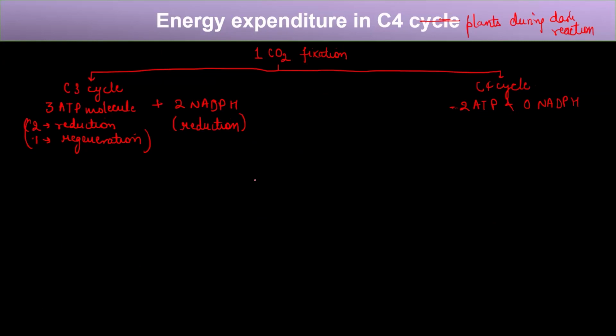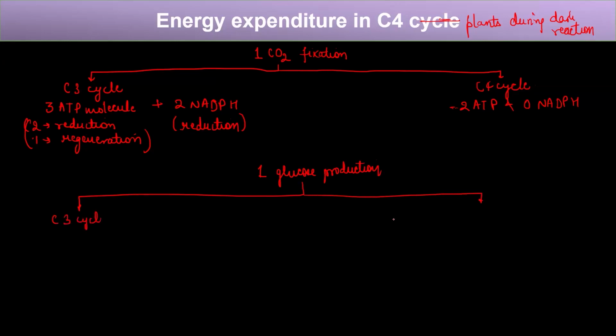Now if we talk about one glucose production, how many ATP and NADPH will be required in the case of the C3 cycle and the C4 cycle? For one glucose, you will need 6 carbon dioxide fixations.